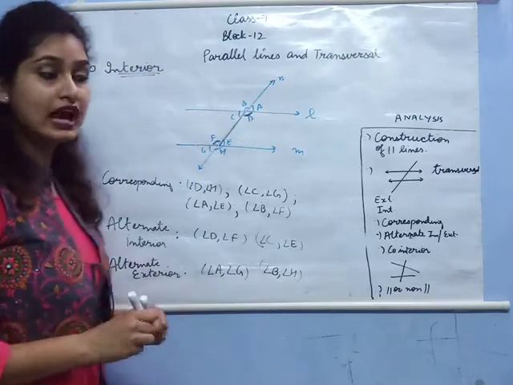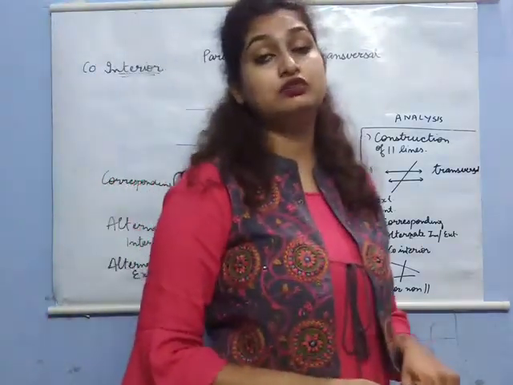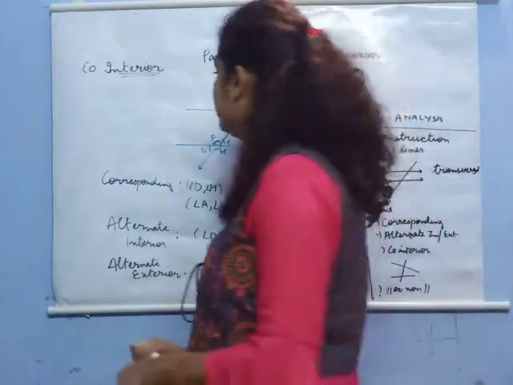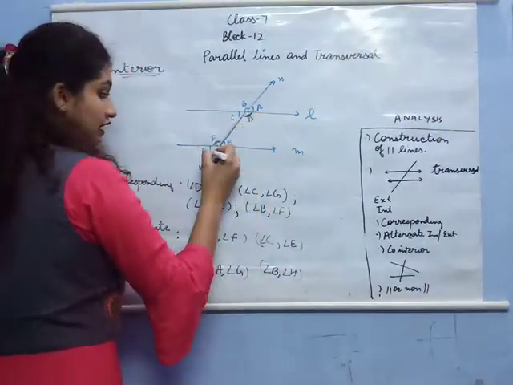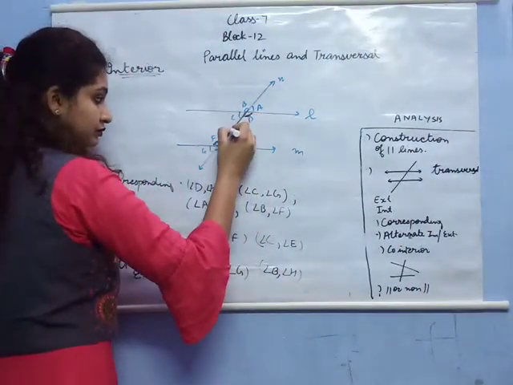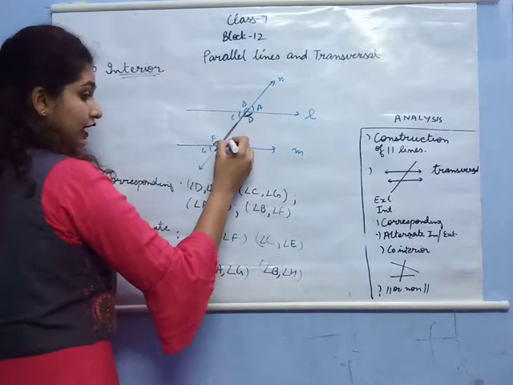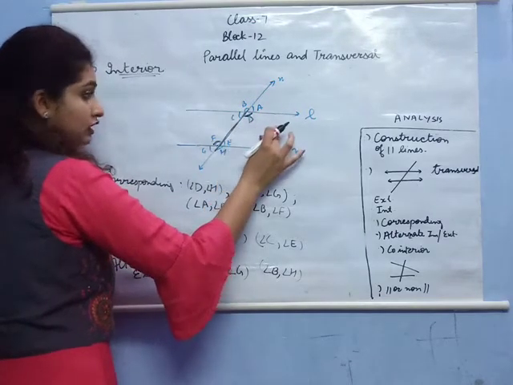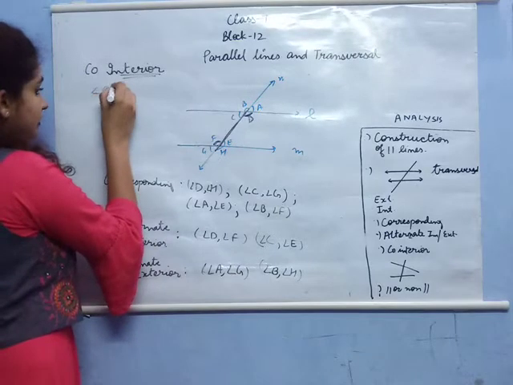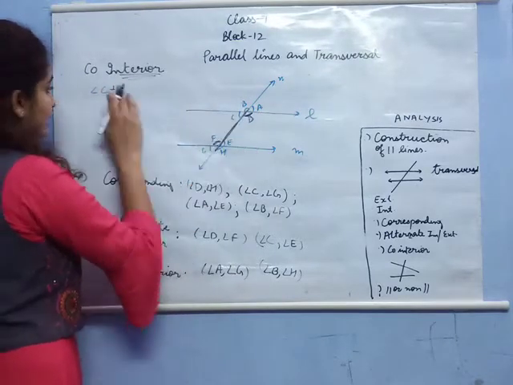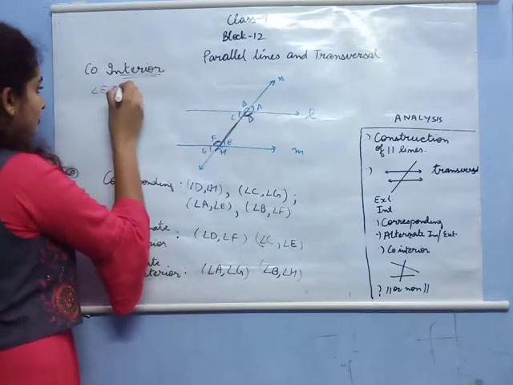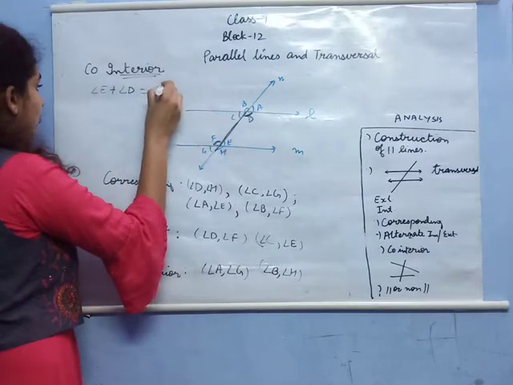Co-interior means the angles which are on the same side of the transversal. See, this is the transversal. Angle D and angle E both are on the same side of the transversal. So angle C plus angle D and angle E is equal to 180 degrees.